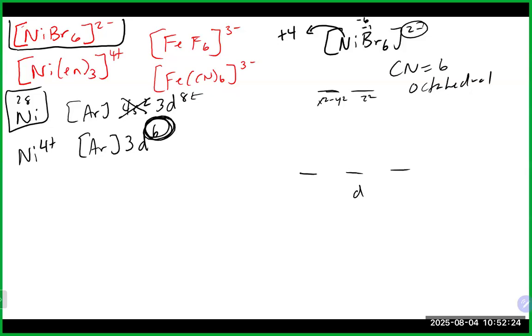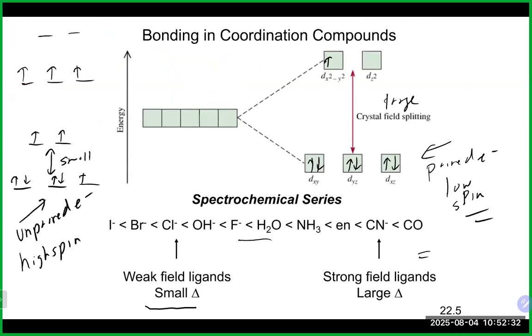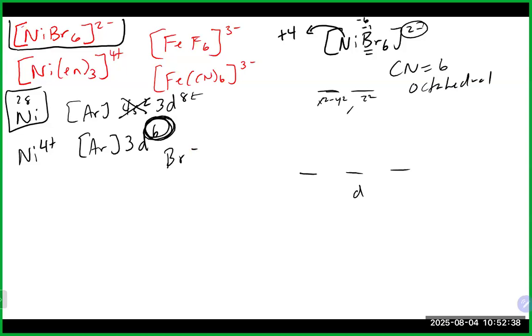So what we have to look at now is the ligand that's here. The ligand is Br minus, and if we go to our chart here, Br minus is over here as a weak field. So weak field means that we're going to get a small separation.